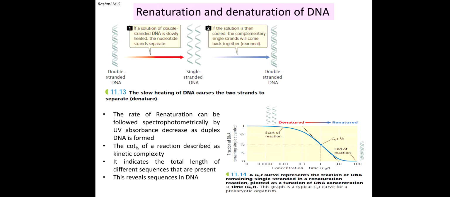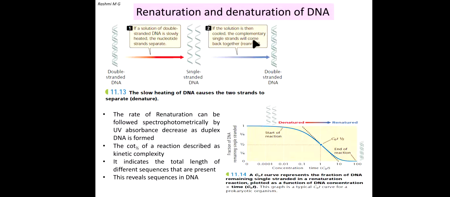If the solution is then cooled, the complementary single strands will come back together, reanneal, and base pair again to form double-stranded DNA. So the first process here is denaturation, and the next process is renaturation.